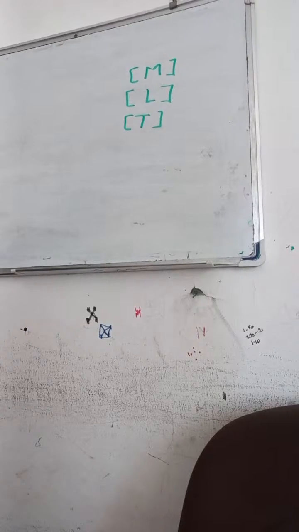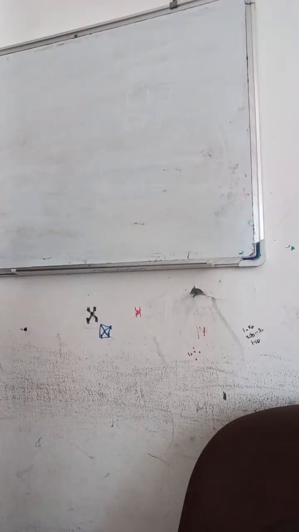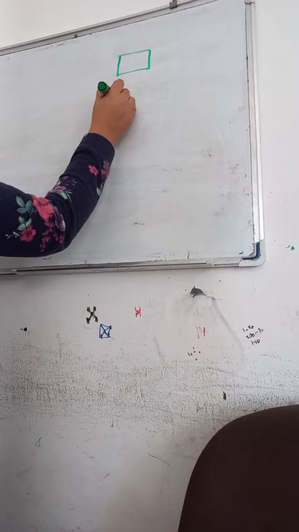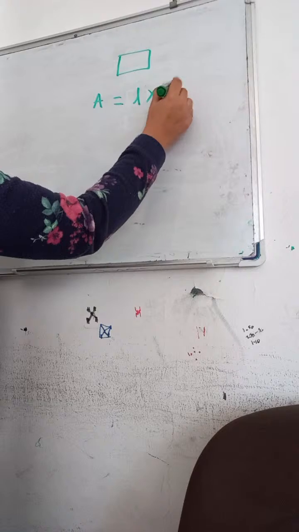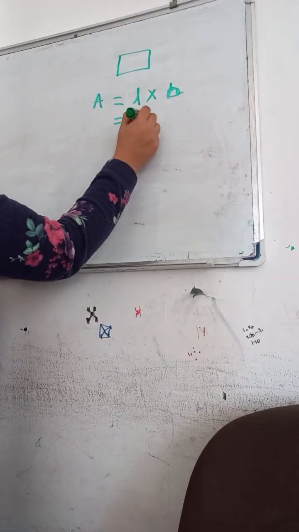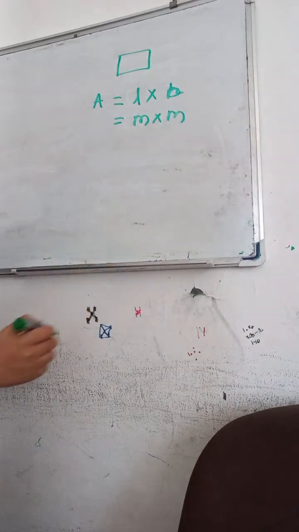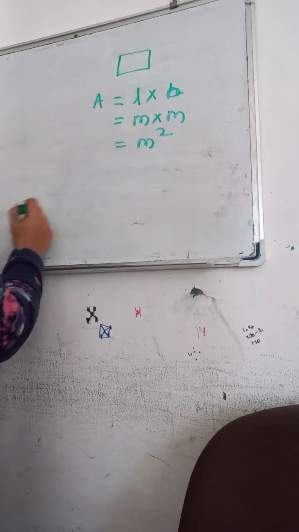Okay, for example, a very simple example we can take: area. Suppose I have a rectangle and I want to find out the area, then area is nothing but length into breadth. Length we measure in meter, and breadth also in meter, so we express area in meter square.